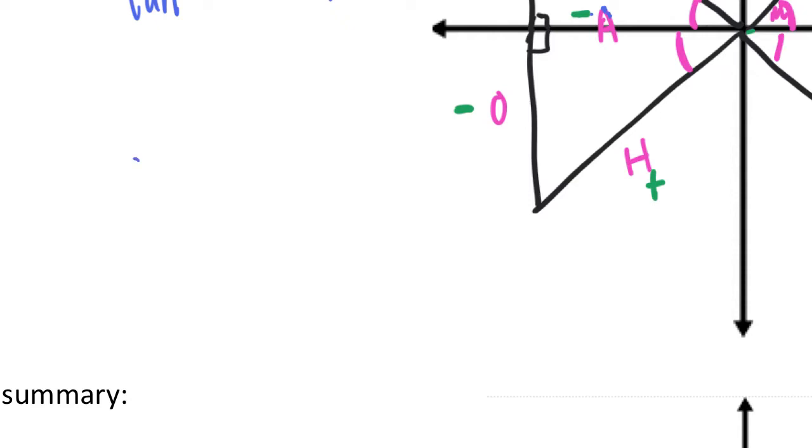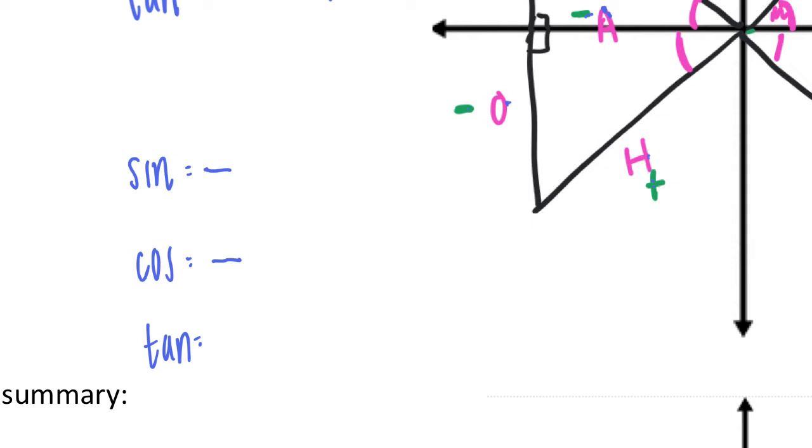In the third quadrant, the sine is the opposite, which is a negative, over the hypotenuse, which is a positive. A negative divided by a positive would give you a negative sine value. Cosine, similarly, the adjacent side is negative, hypotenuse is positive, so you have a negative divided by a positive, also would give you negative.